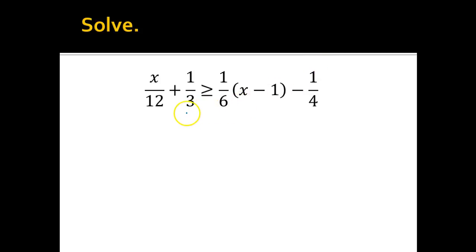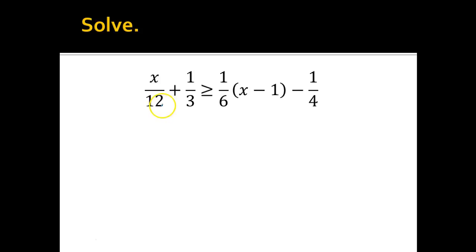When we are dealing with expressions, equations, especially with fractions in them, we want to get rid of the denominators. We want to get this into an easier to deal with form by multiplying by the common denominator. So just like we did in that last rational equation, we're going to multiply by the common denominator of whatever denominators we can see going on here.